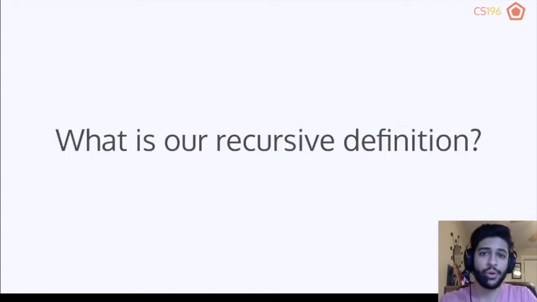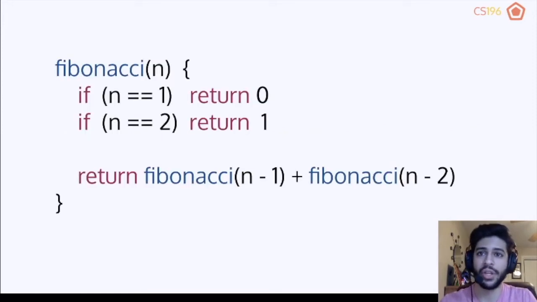So what is our recursive definition for this? Well, it looks exactly like this. For our base cases, we know that for n equals 1, our Fibonacci number is just 0, and for n equals 2, our Fibonacci number is just 1. And then as long as we have those base cases, we can sum up the last two Fibonacci numbers to get our current Fibonacci number. So this is exactly what's going on here.